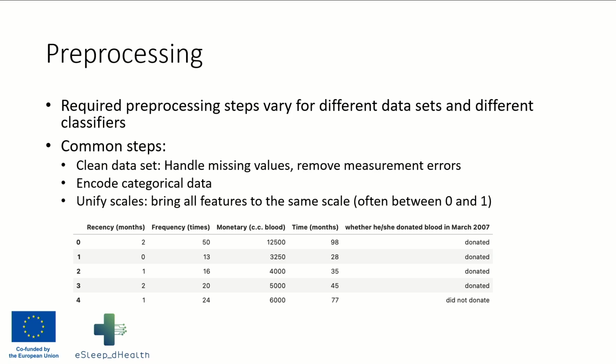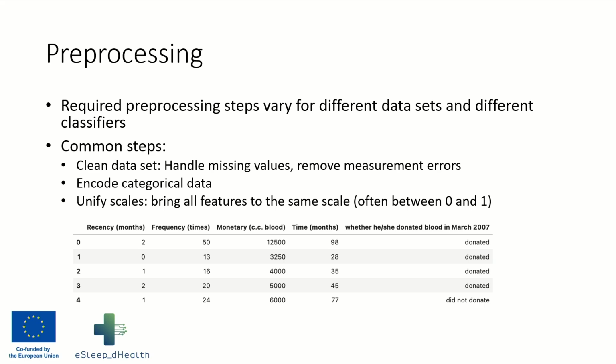And also different types of data sets have completely different needs in the pre-processing. So pre-processing this blood donation data set is a whole different story than pre-processing the EEG data. Now I will give you examples mainly for the classic input to machine learning models, the tabular data, like we have in the blood donation data set.